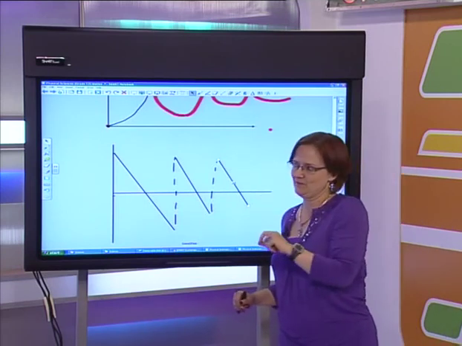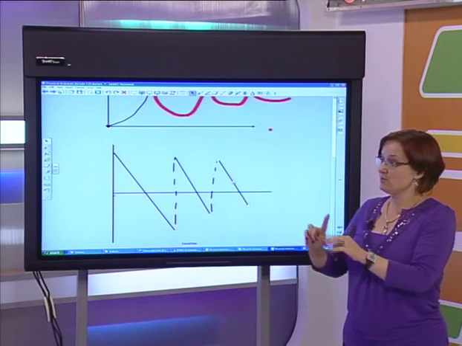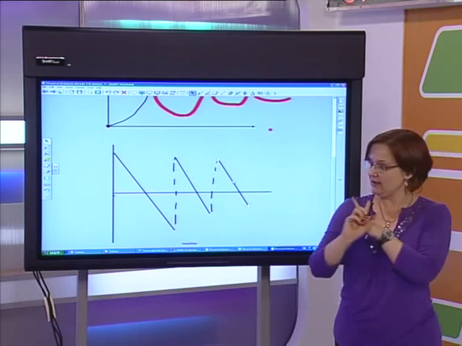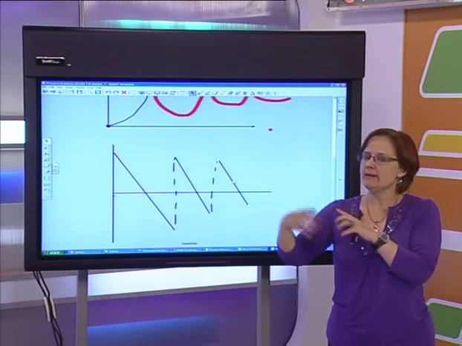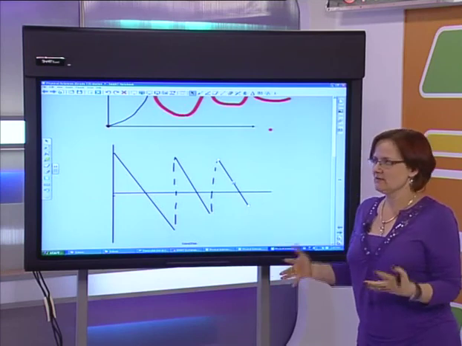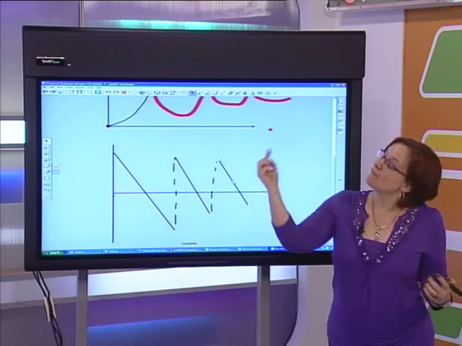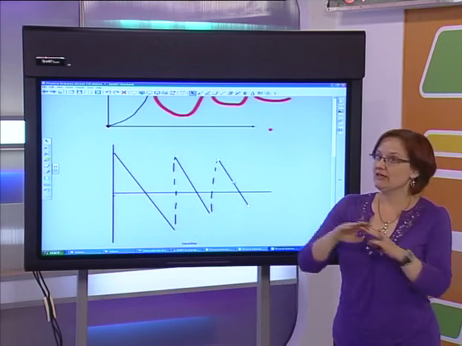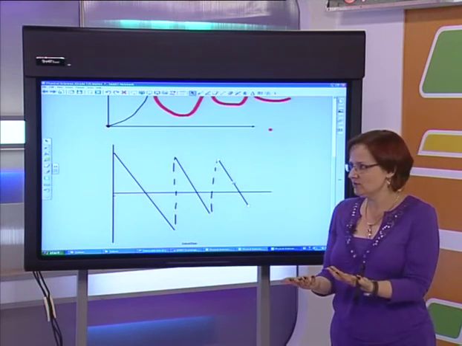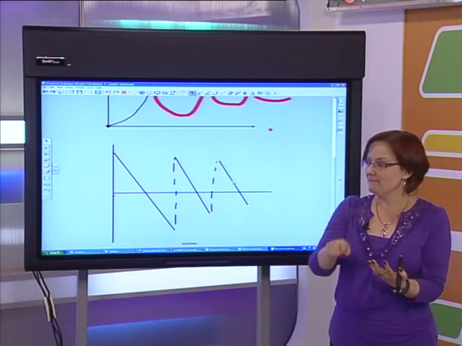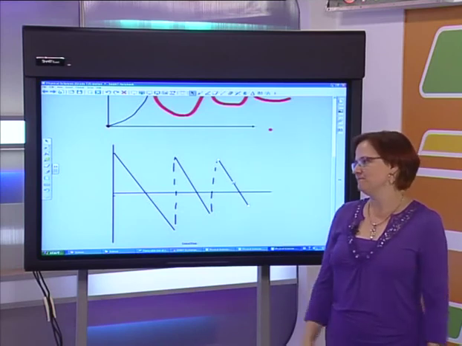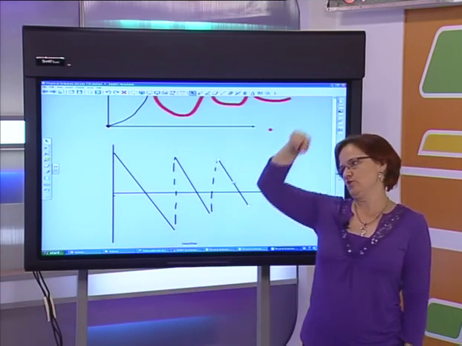Speed is a scalar. So we can have an object, for example, going in a circle, that has constant speed, but in terms of vectors, has an acceleration because the direction is always changing. So its velocity is changing because it's going in a circle, but the actual speed is staying the same. So you can have it, but only when things go in a circle.